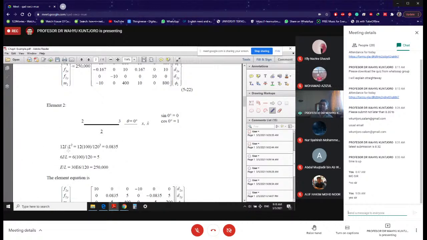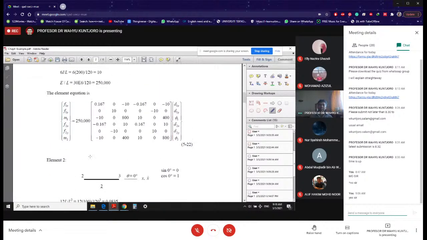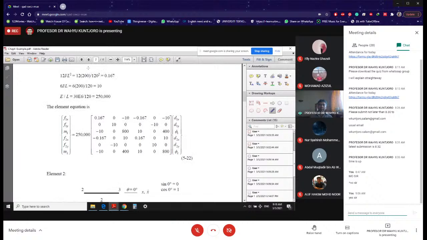I for the element number 2 is not the same as I for the element number 1. I for element number 2 is 100. Remember, element number 1, I is 200. See here, I is 200 over here.